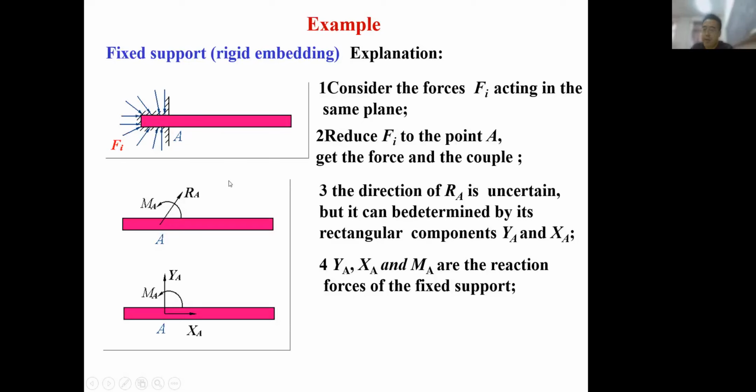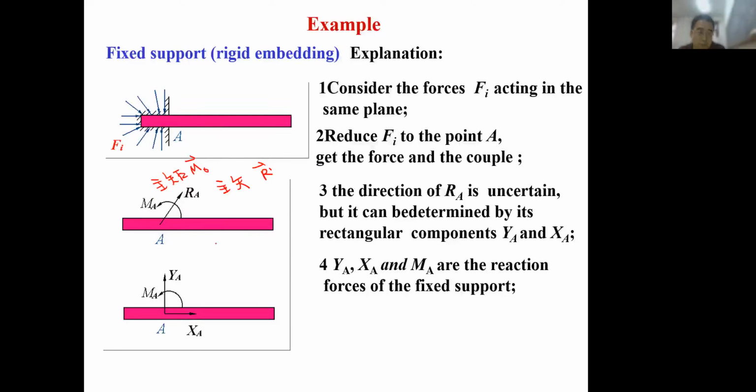So you can find this is the so-called principal vector, and this MA is the principal moment, like the MO we have learned.